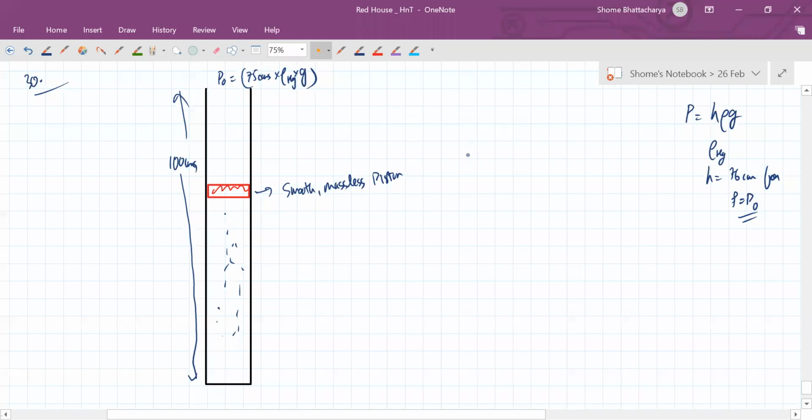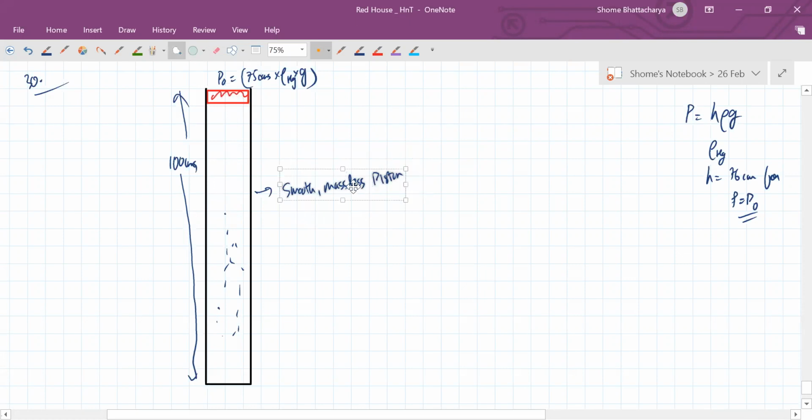So slightly less. Maybe this experiment is happening at an altitude. Anyway, the top is closed by a frictionless light piston. Now what we'll have to assume is that initially the piston is up here.